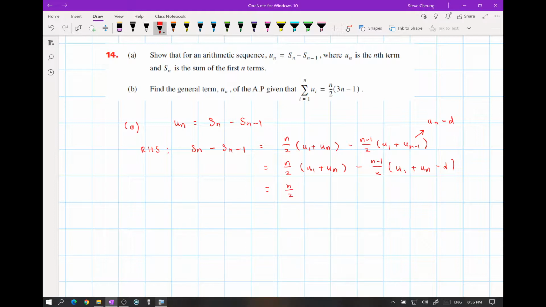I know there's an easier way, but you may not be able to see what I'm doing. Now this is the annoying part because there's so many negatives floating around. So what I'm going to do is write it like this. This is the same as n over 2 minus 1/2.